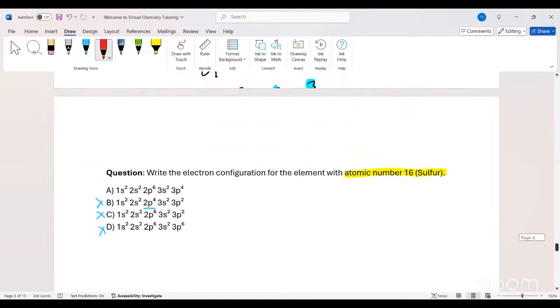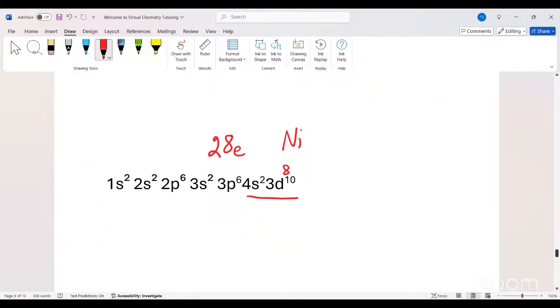But remember, the rule says that because copper has 29 electrons and it is half filled, okay? That means instead of saying 4s2, you will not fill that. You're going to only say 4s1, and then whatever the difference is, you're going to put that there for the 3D.